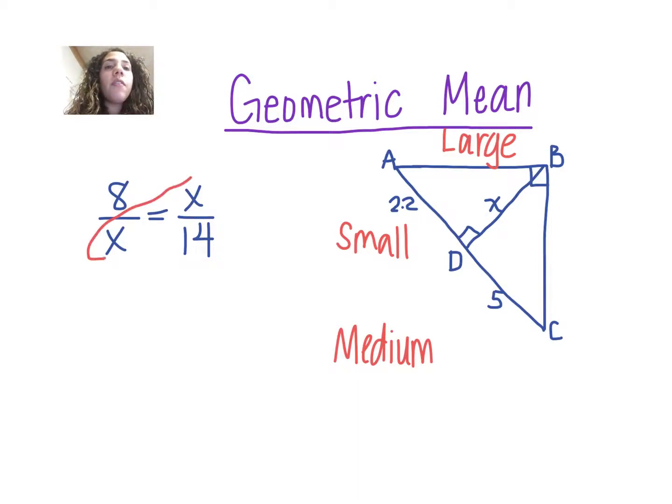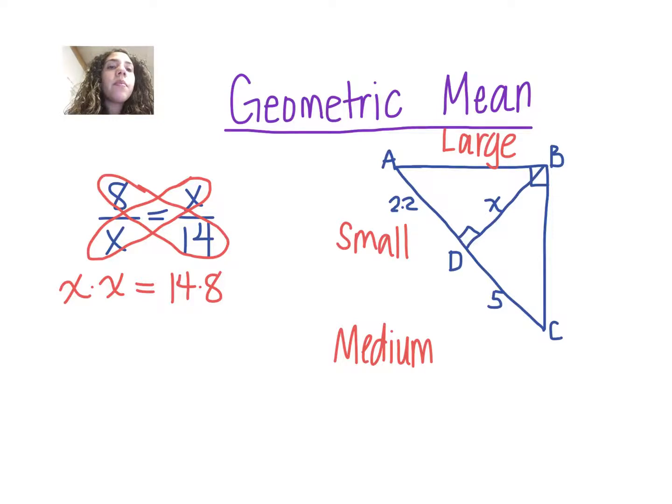So here, when I'm solving for x, I'm going to cross multiply. So what I'm doing is I'm multiplying x times x, and I'm saying that that's equivalent to what I get whenever I multiply 14 times 8. So x times x, I can simplify that expression by writing it to the second power. 14 times 8 is going to be 112.